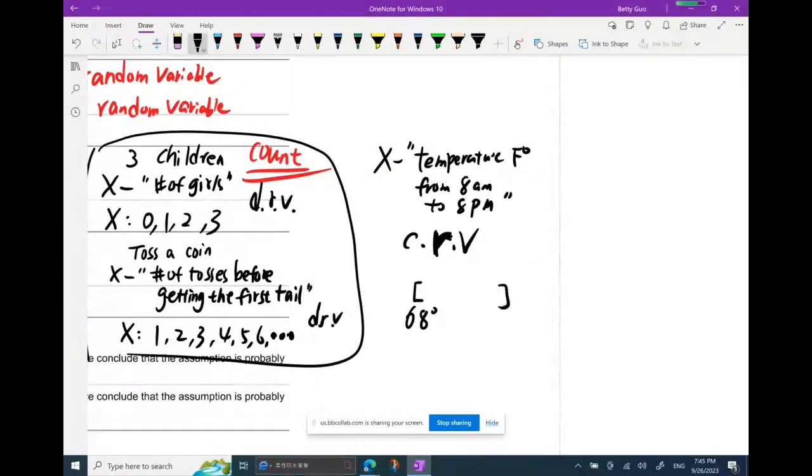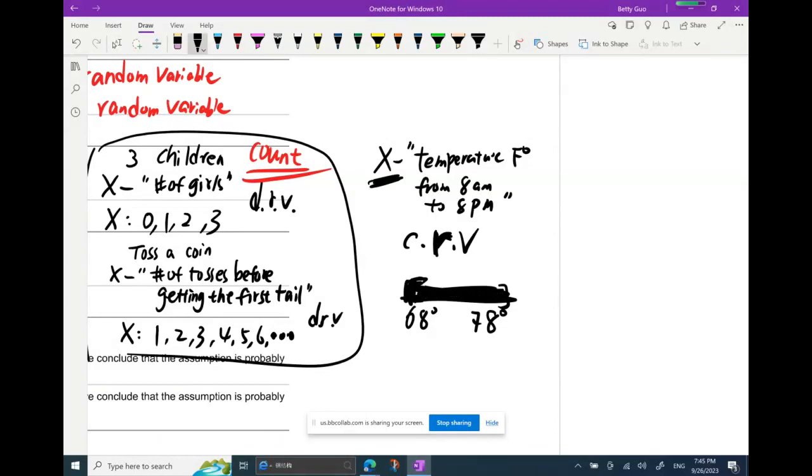And at 8 p.m., let's pretend it is 78 later, in like 20 minutes. So the temperature x could assume any value between this interval, right?